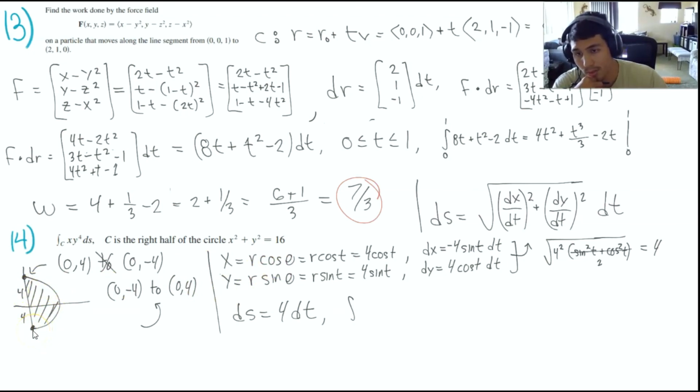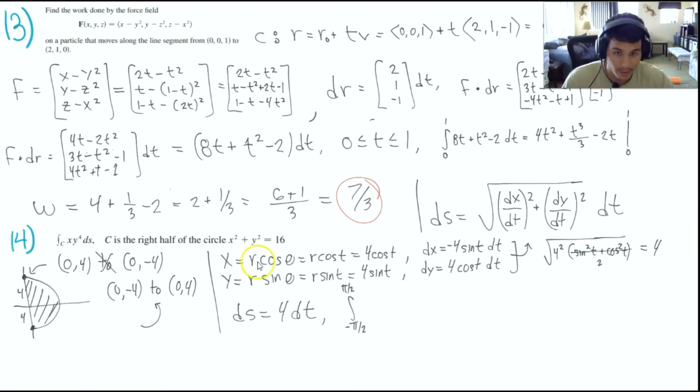This would be from negative pi over 2 to pi over 2, right? That would be the answer. Or you could write it as 3 pi over 2 to pi over 2, but just write it as pi over 2 or negative pi over 2. Make your life easier by doing that.